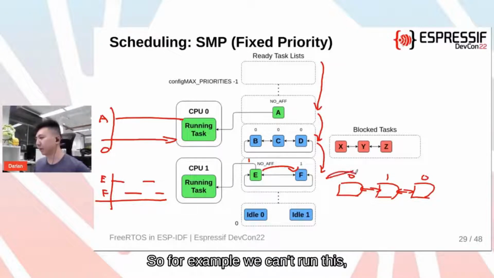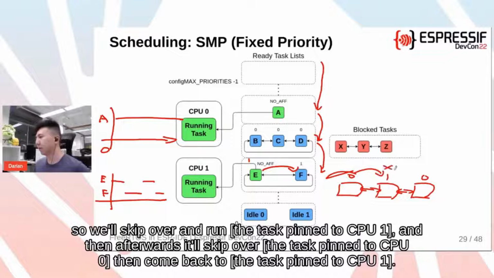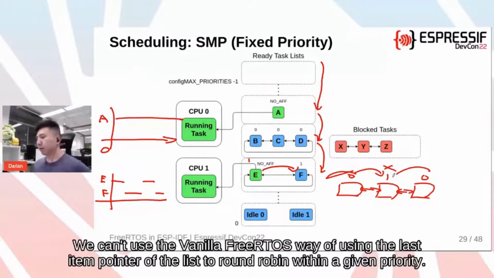So for example, it can't run this, so it'll skip over and run task 1. And then afterwards, it'll skip over 0 and then come back to task 1. So we can't use the vanilla FreeRTOS way of using the last item pointer of the list to get them to round robin within this given priority.